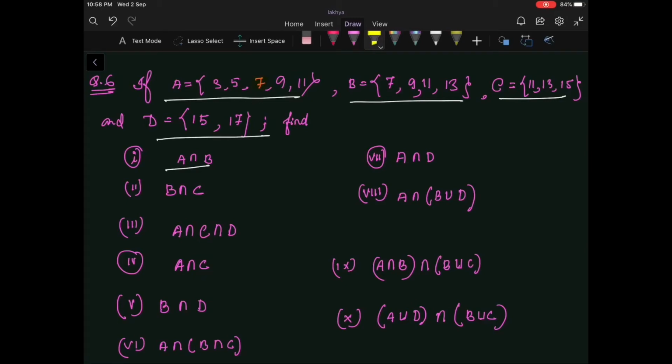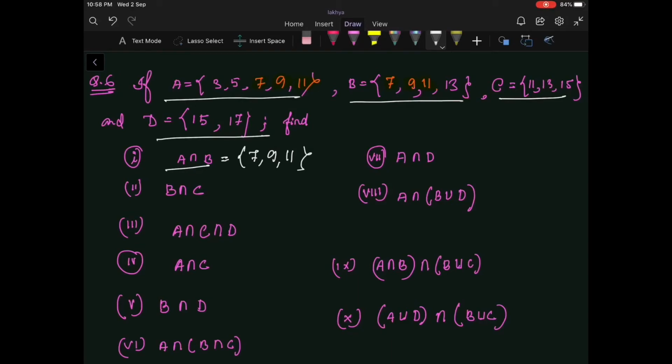Set A contains 7, B also contains 7, and 9 is in both A and B, and one more element, 11. These three elements are common in the two sets, so A intersection B must be the set of 7, 9 and 11.